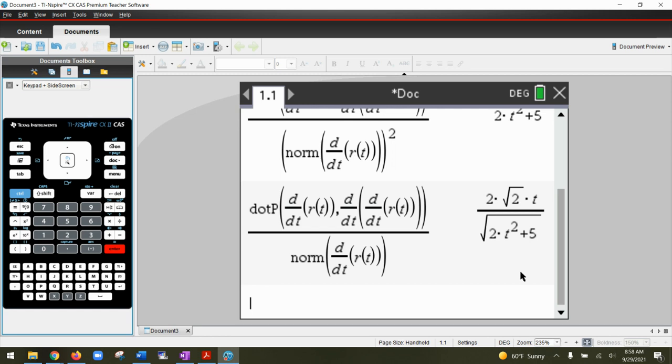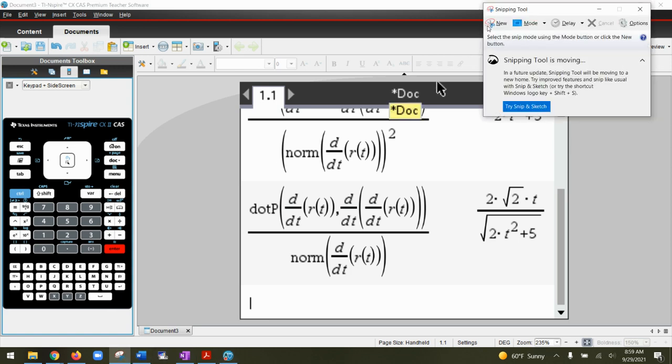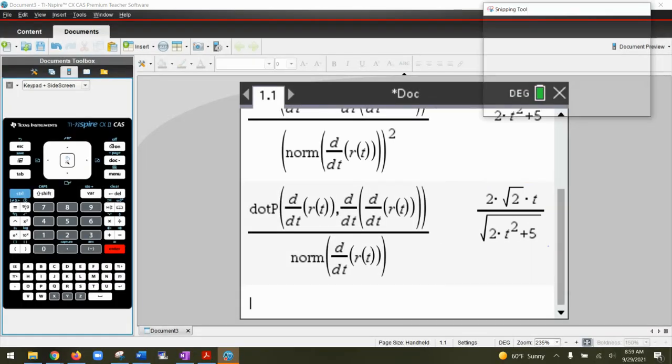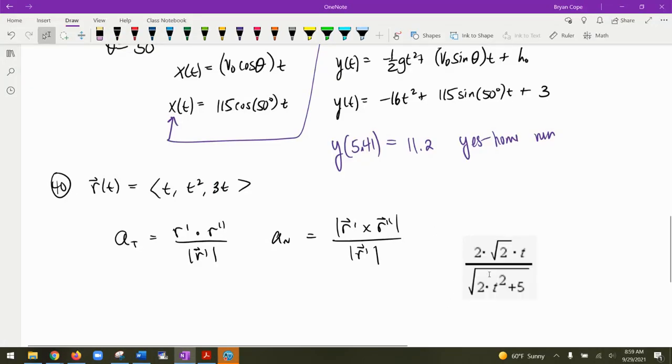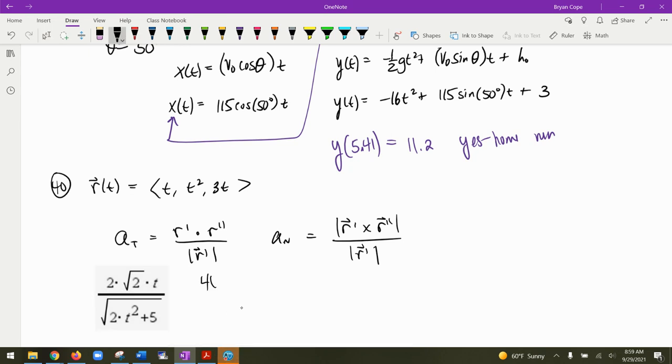Let's see. The solution manual says 4t over square root of 4t squared plus 10. Factor out a 2. I still don't think it's the same. Got to reconcile this in my head. Sorry, you can, of course, skip over this part of the video if you want. All right, so I'm showing that this is a sub t, and the text is showing that the answer is 4t over the square root of 4t squared plus 10.